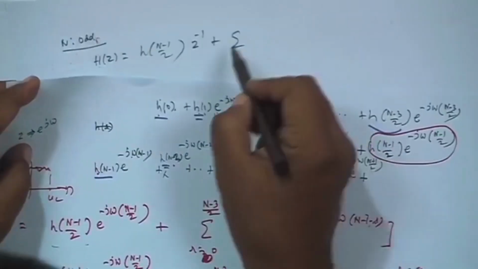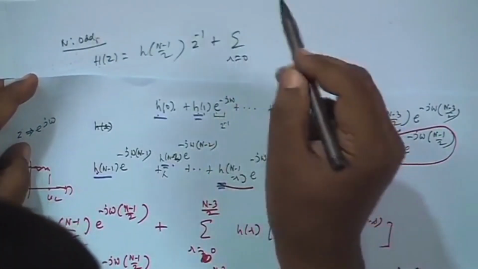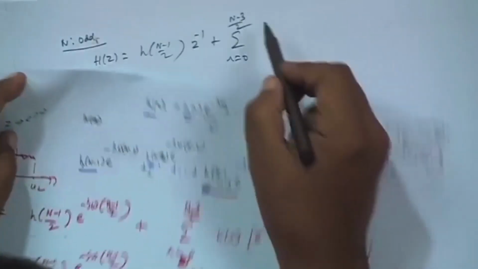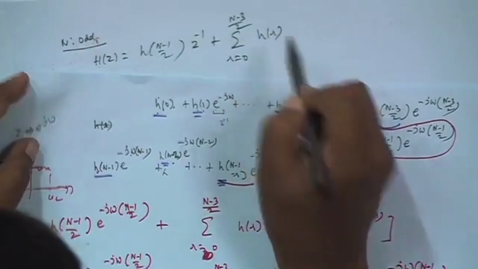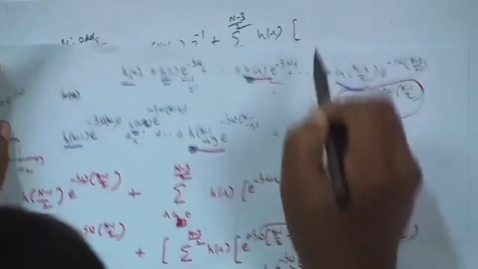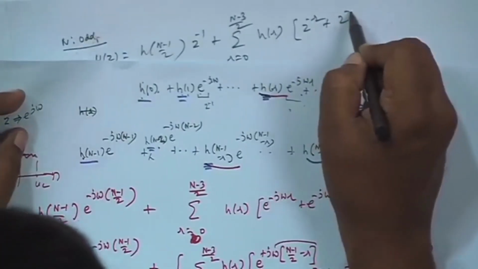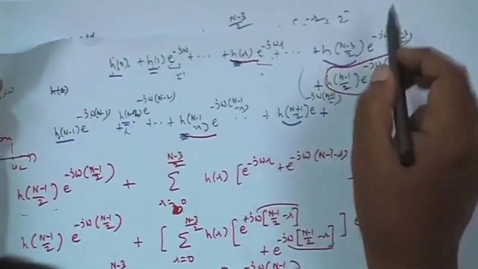And this summation, h r times z to the power minus r, and this will be z to the power minus (N minus 1 minus r).